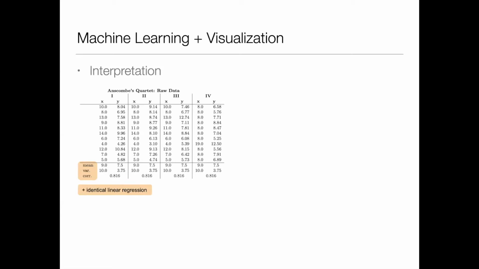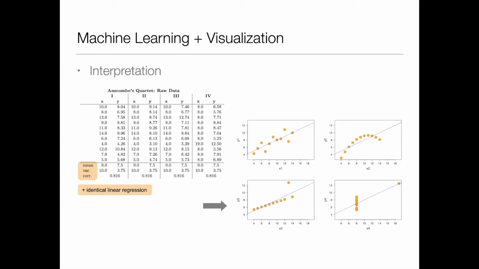But the idea is that from the perspective of statistical measures such as mean, variance, and correlation, these four data sets are exactly the same. So from the point of view of a computer that would use these three values in order to understand the data, they would be completely identical. But when you visualize them, they're not.